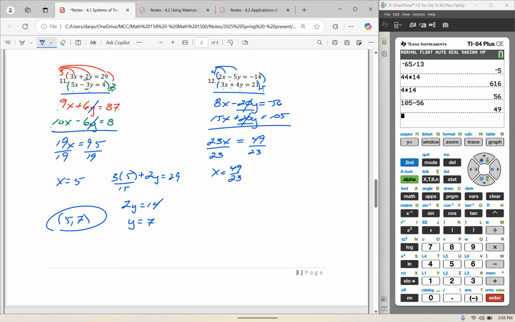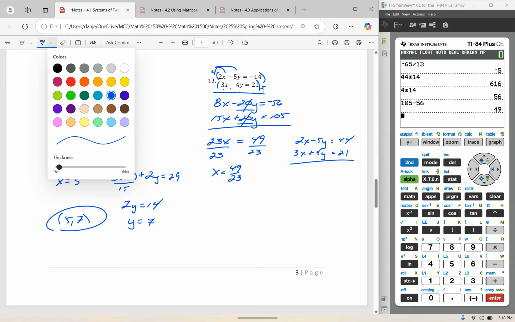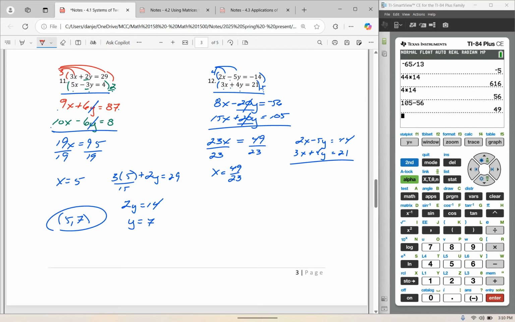But what I'm going to choose to do is, like I mentioned before, when I had to start with 2x minus 5y equals negative 14 and 3x plus 4y equals 21, I could have chosen to multiply the top equation by 3 and the bottom equation by 2, one of them being positive and the other one being negative.